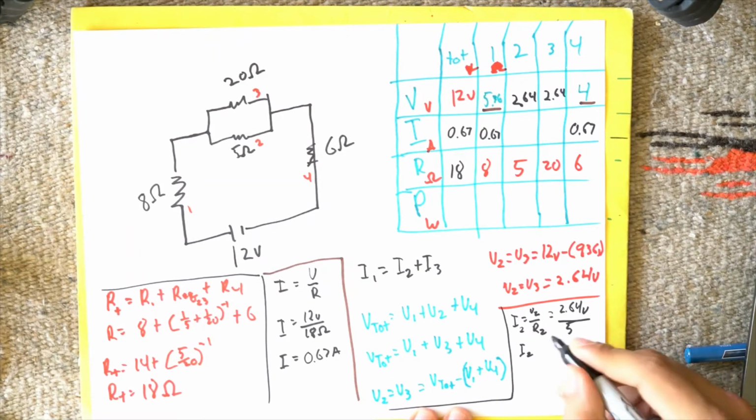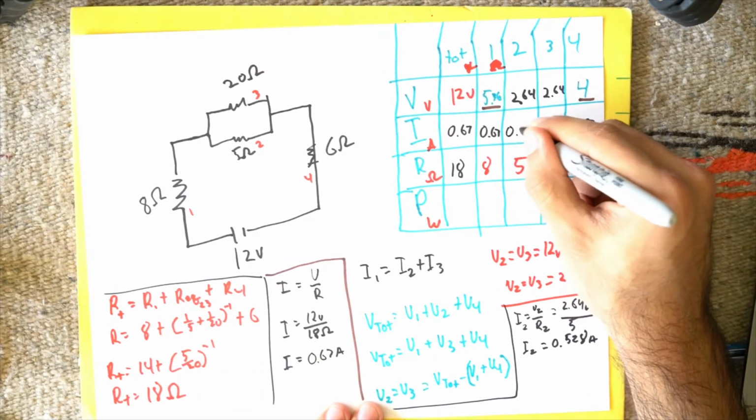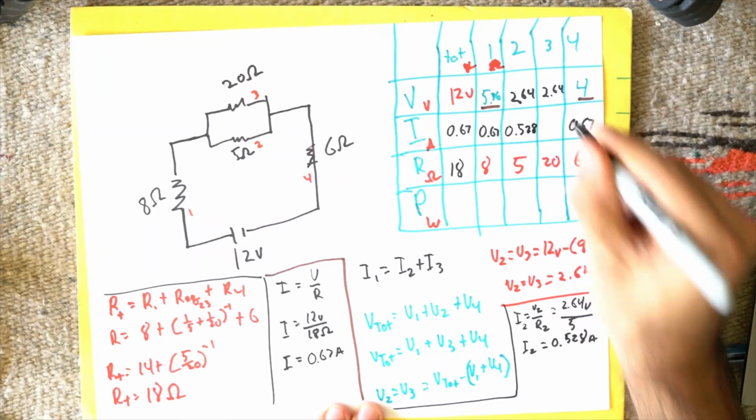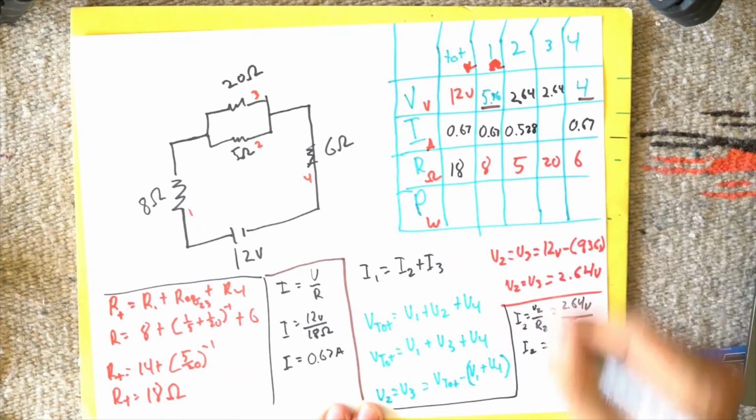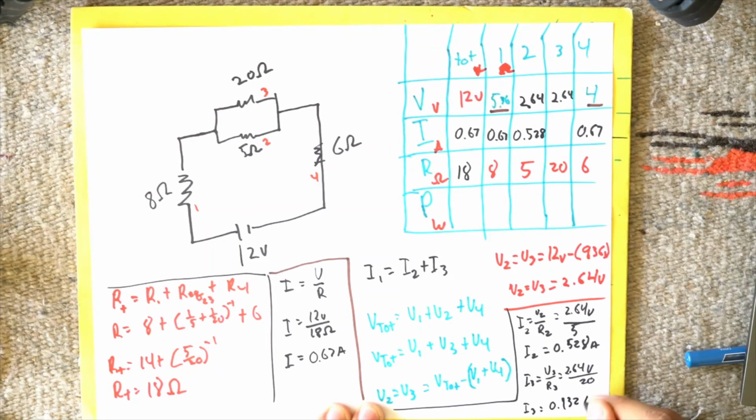So my calculation, this would be 0.528 amps. So this would be 0.528. And then for I3, do the same thing. So I3 would equal V3 divided by R3. So that's 2.64 volts divided by 20. If you do that, I3 would equal 0.132 amps.